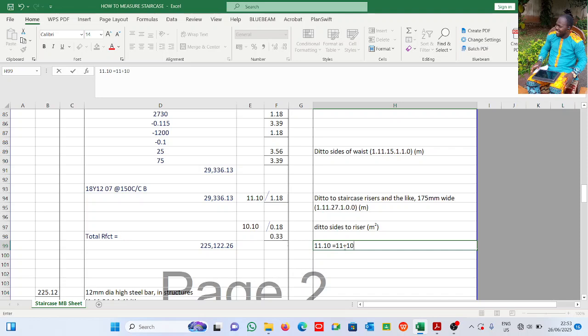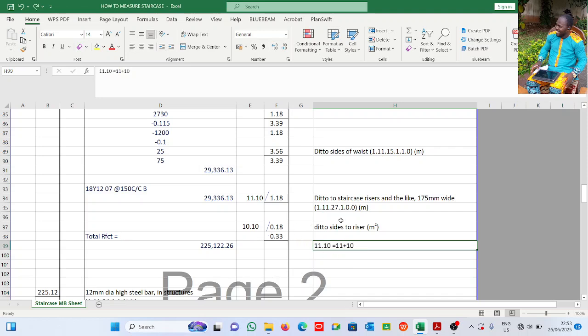You should know that by now as a QS. Dot means plus. You understand? So 11.10, I didn't make any mistake. It means 11 plus 10. For the longer one you have 11, the shorter one you have 10. Okay, let me leave it there.